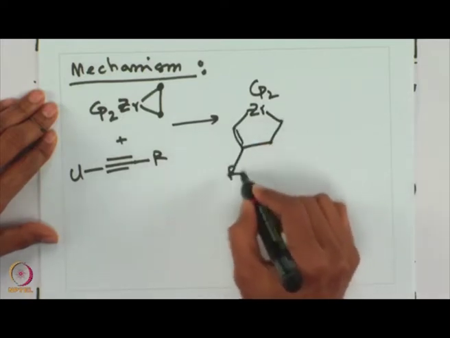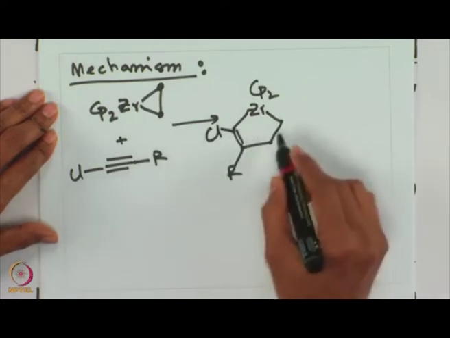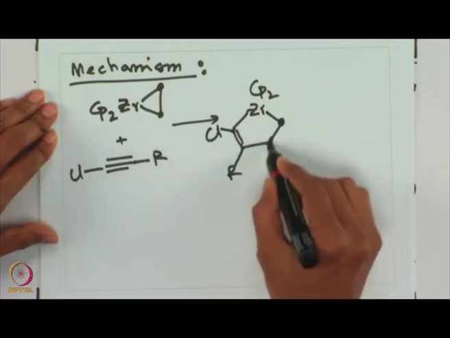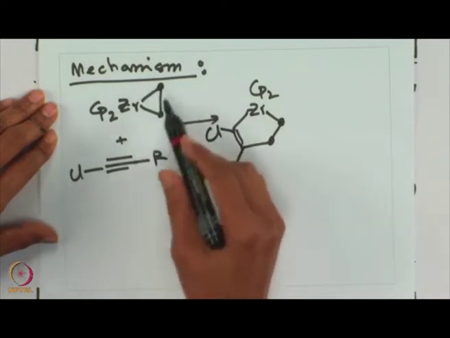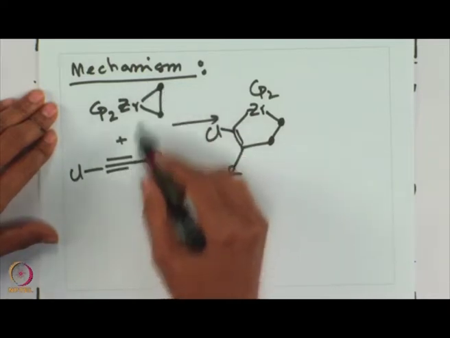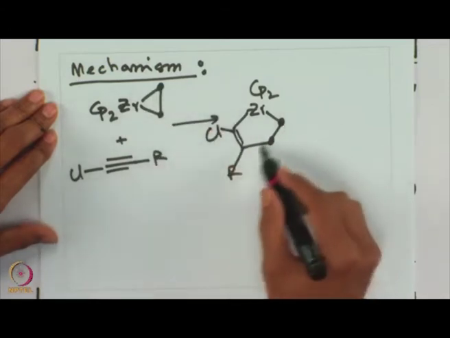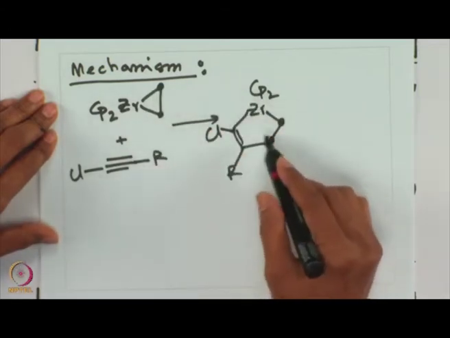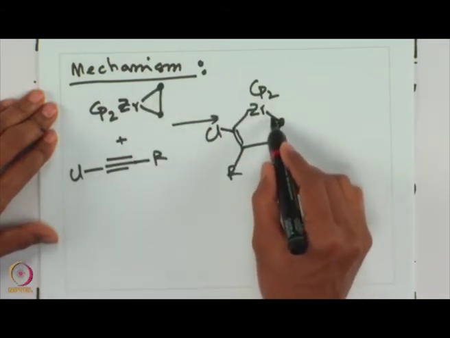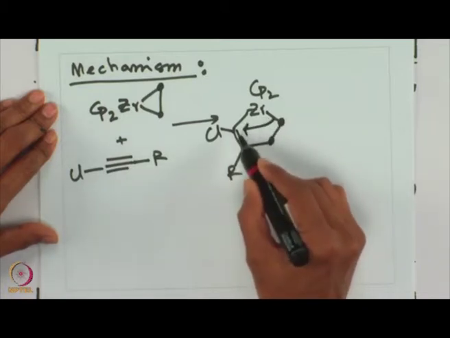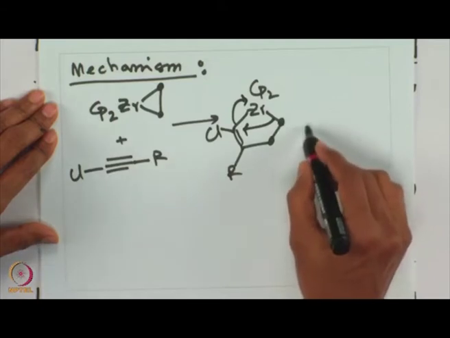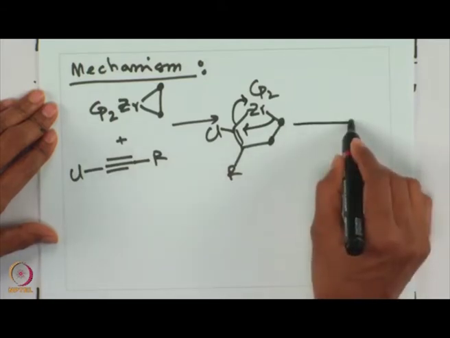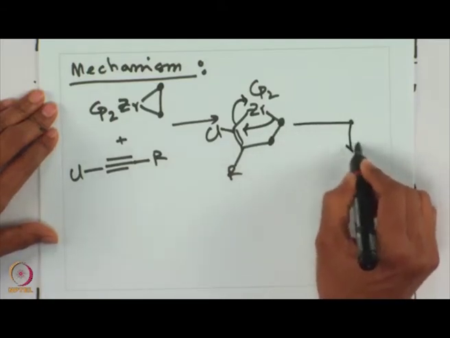Overall, we then have R and chloride over there, and this is the ethyl. So, it is an oxidative cyclization between this olefin and the alkyne. Overall, we will then get a 5-membered intermediate. From there on, this 4-membered ring formation happens and zirconium goes out with the help of ethyl magnesium bromide, right.